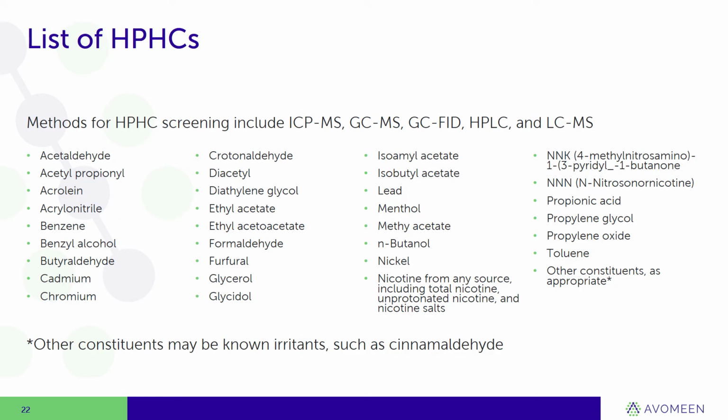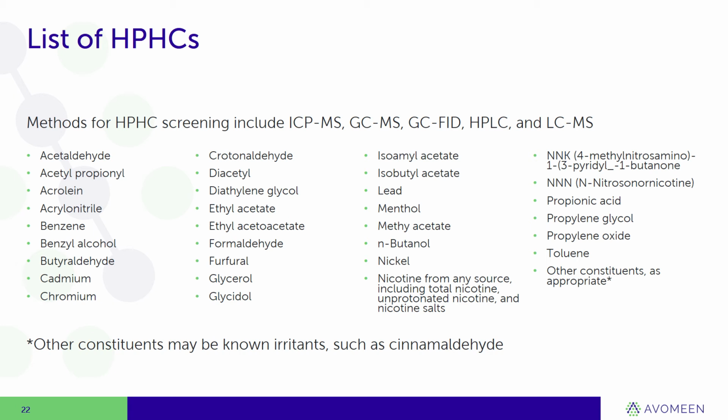So on this slide here is the list of the HPHCs that the FDA is recommending you test for. Avomeen has developed and validated methods using techniques such as ICP-MS, GCMS, GCFID, HPLC, and LCMS for all of these analytes.